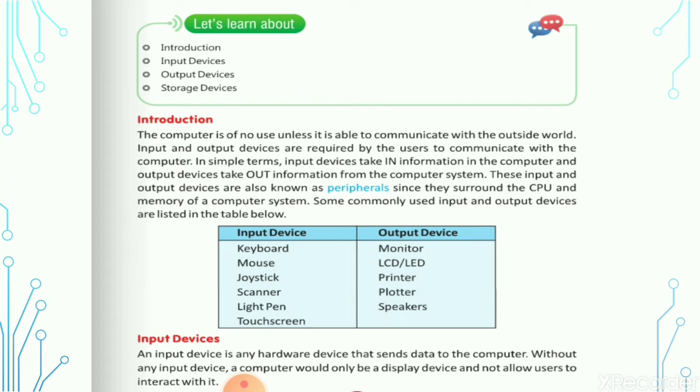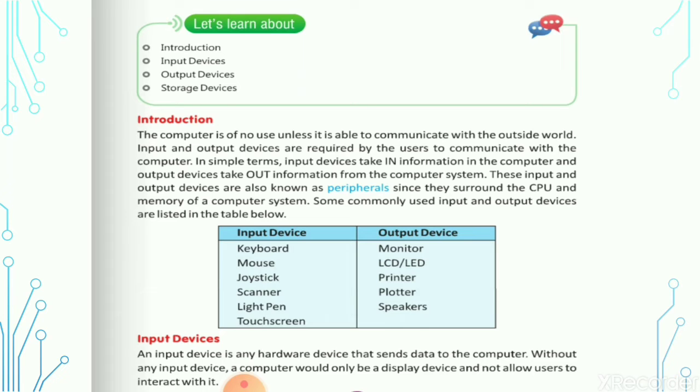These input and output devices are also known as peripherals since they surround the CPU and memory of a computer system. Some commonly used input and output devices are listed in the table below.